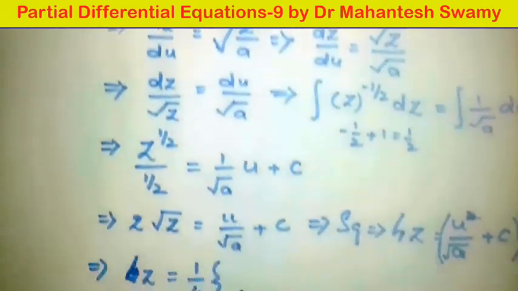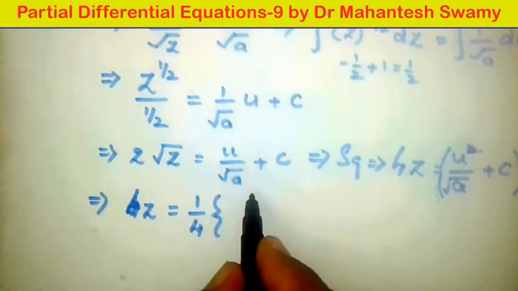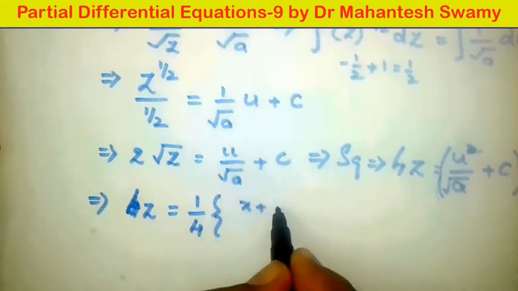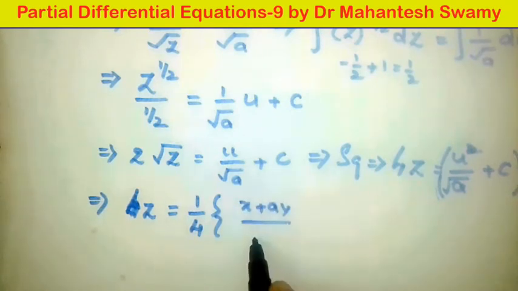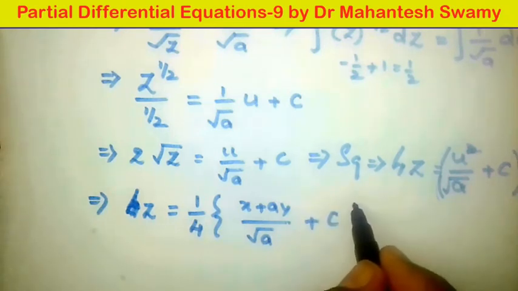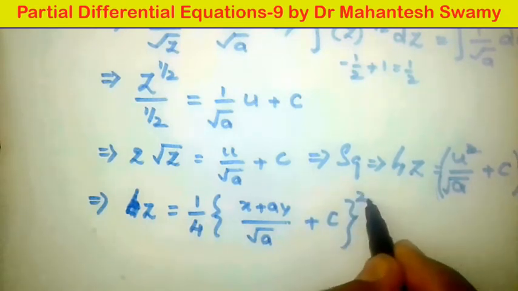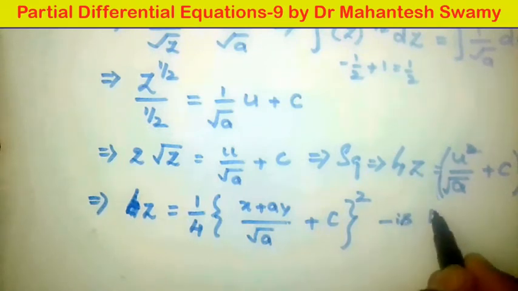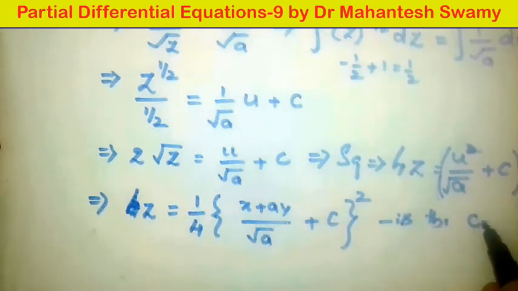Substituting that, z equals 1 by 4 times (x plus ay divided by root a, plus c) whole square. This is the required complete integral. It is a very simple type of solution.